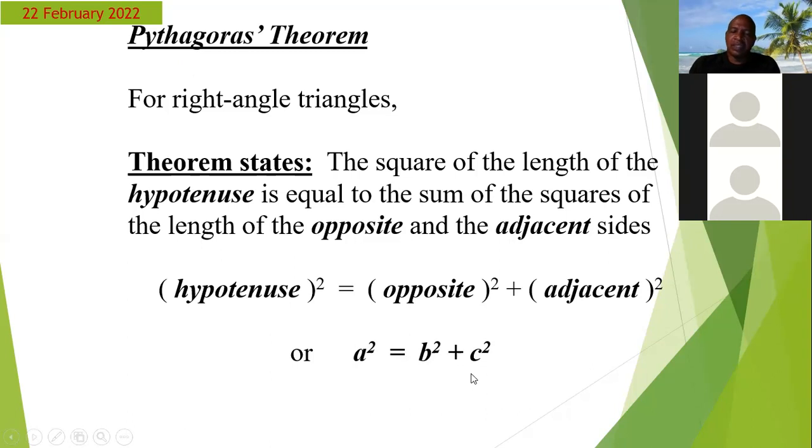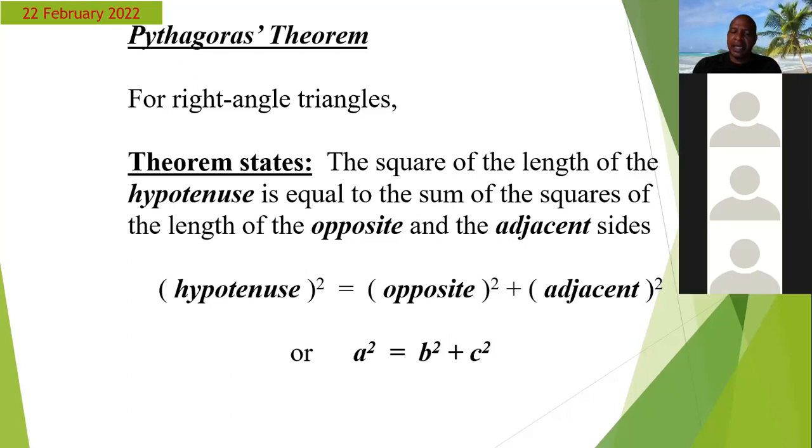And we loosely use the term opposite and adjacent here. It is loosely used because we really don't refer to which angle it would be opposite or adjacent to. But because we know that those two sides can be either opposite or adjacent depending on which angle they deal with, we're just saying call one opposite and call one adjacent. So Pythagoras' theorem would relate the sides in this way.